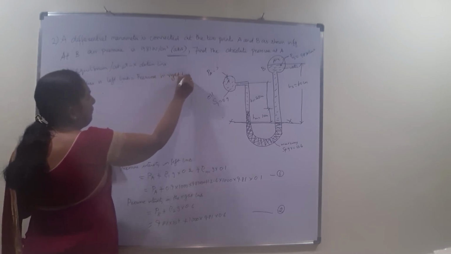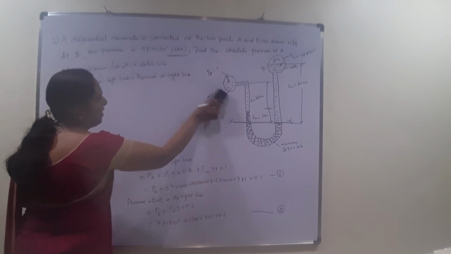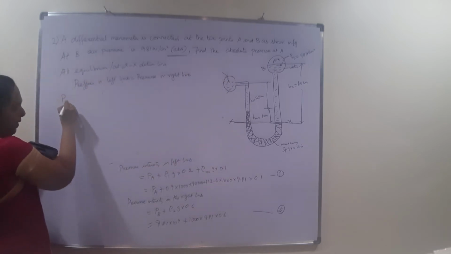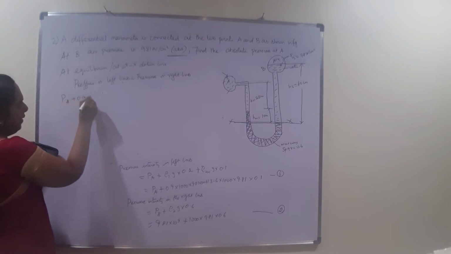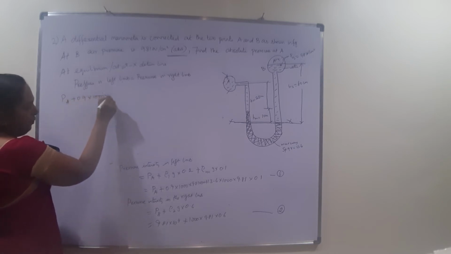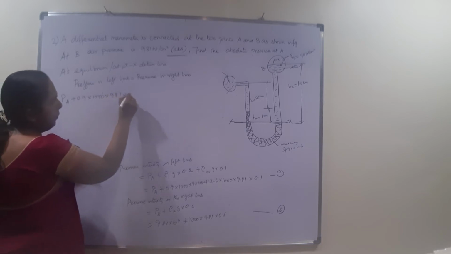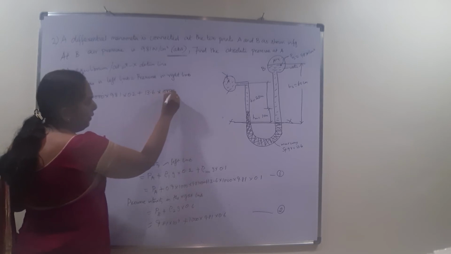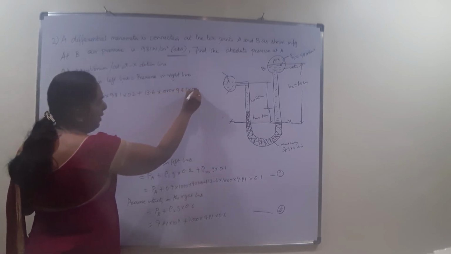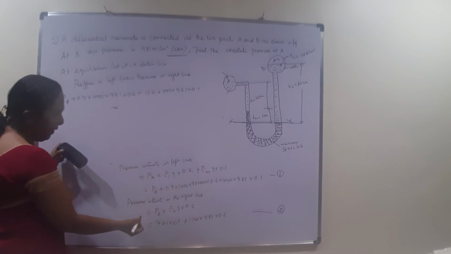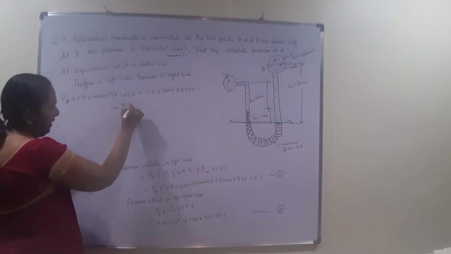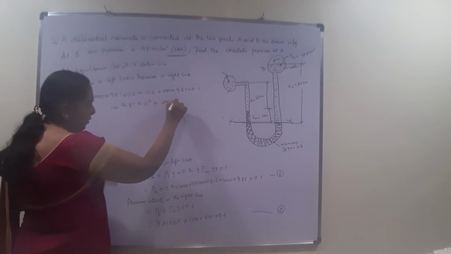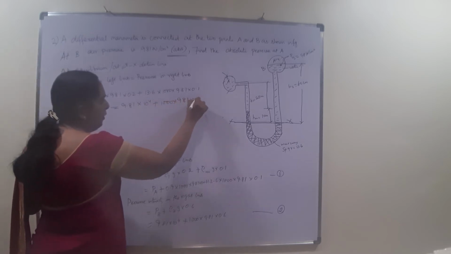Am I right? Here we already have the pressure equations, so I am rubbing this off so that we get a full equation here. PA plus 0.9 into 1000 into 9.81 into 0.2 plus 13.6 into 1000 into 9.81 into 0.1, that is equal to the pressure in the right limb, 9.81 into 10 to the power 4 plus 1000 into 9.81 into 0.6.